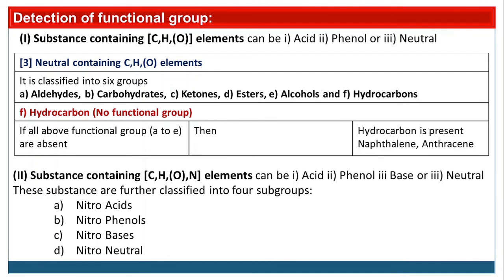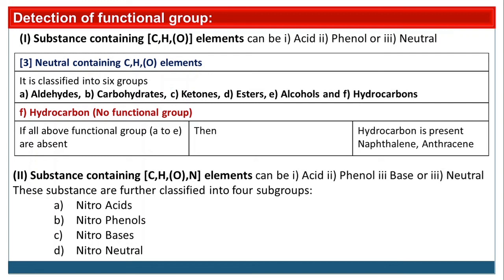In the next video, we will see the functional group detection test for organic compounds which contain CHON elements. That may be acid, phenol, base or neutral. These substances are further classified into 4 subgroups like nitroacids, nitrophenols, nitrobases, nitroneutrals.